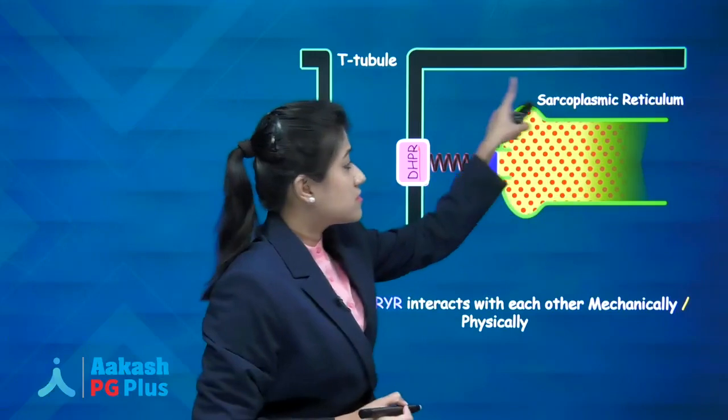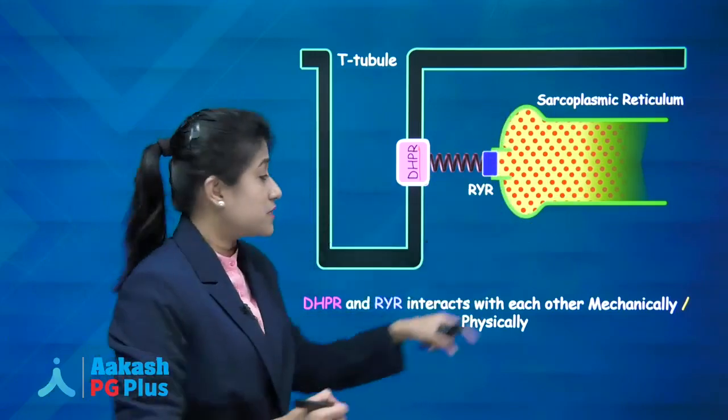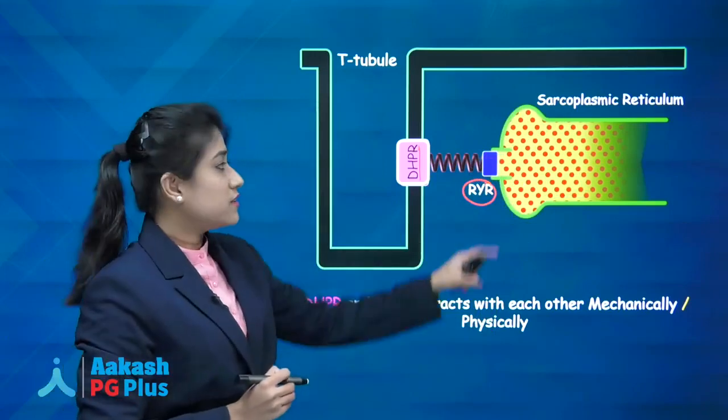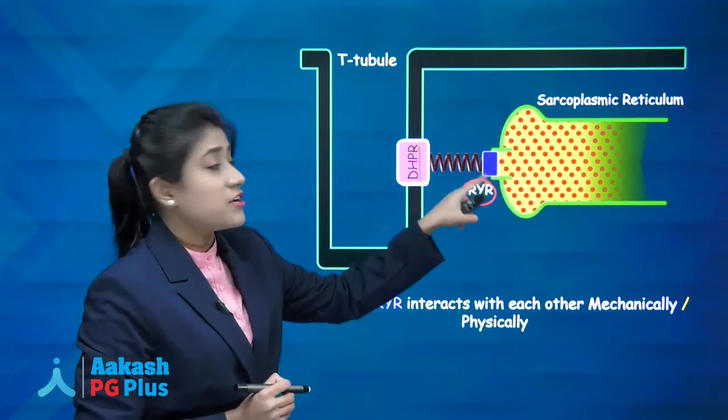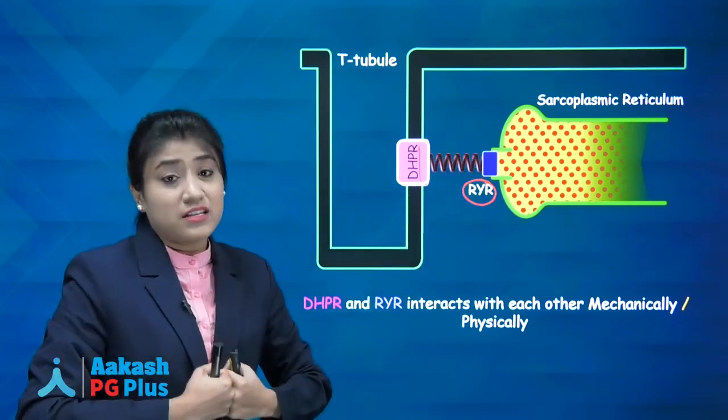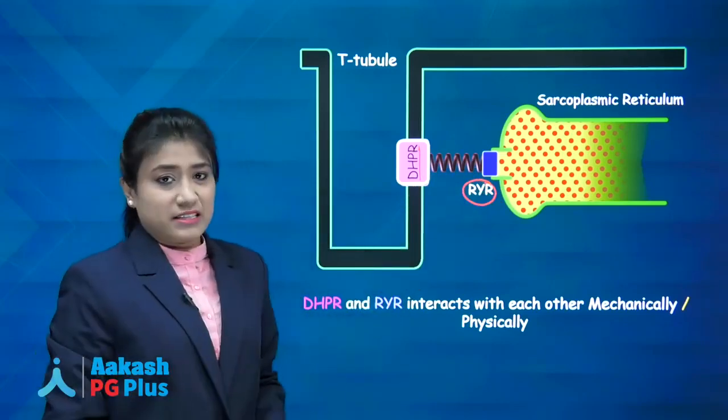And if this is a sarcoplasmic reticulum of a skeletal muscle, then you are having RYR receptor in the sarcoplasmic reticulum. And remember, these two, DHPR and RYR, are attached to each other mechanically or physically.